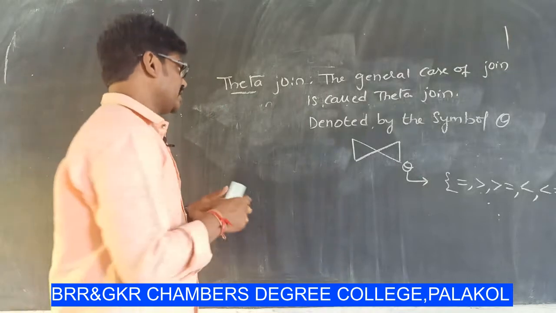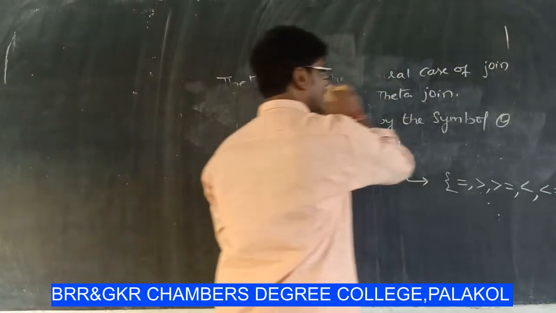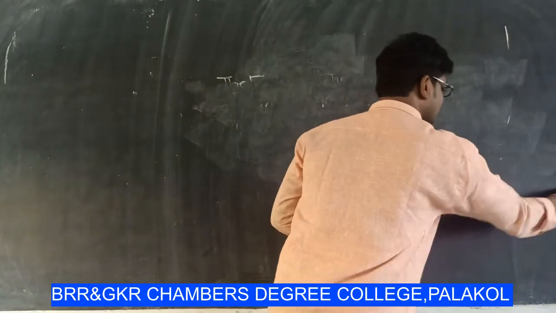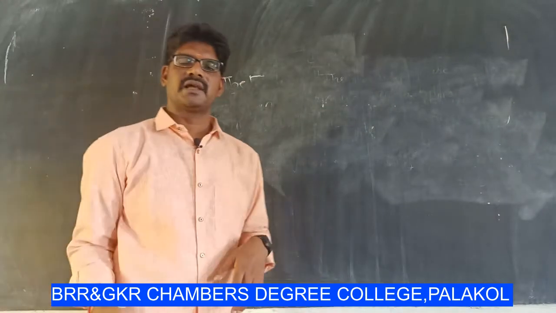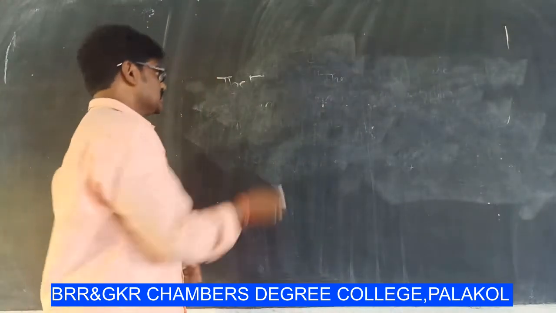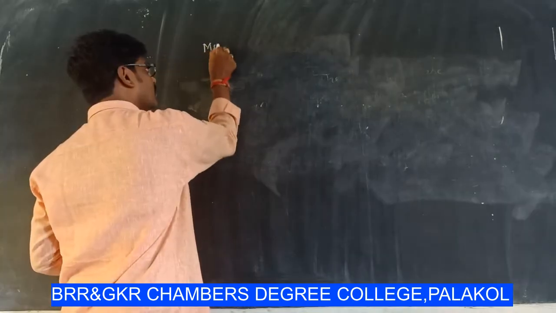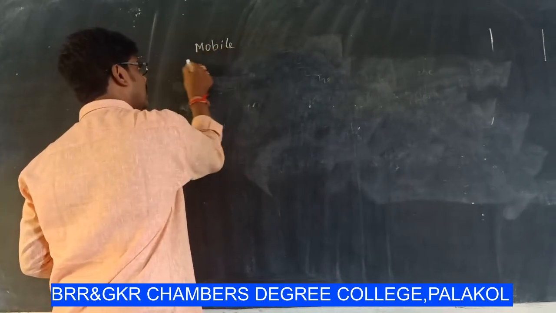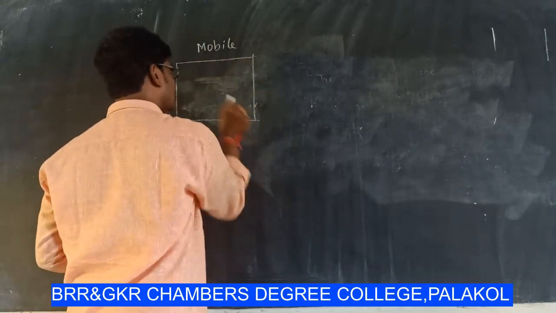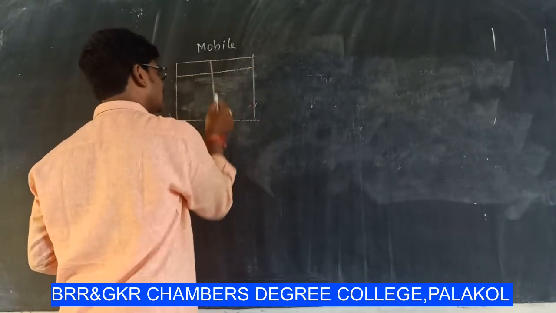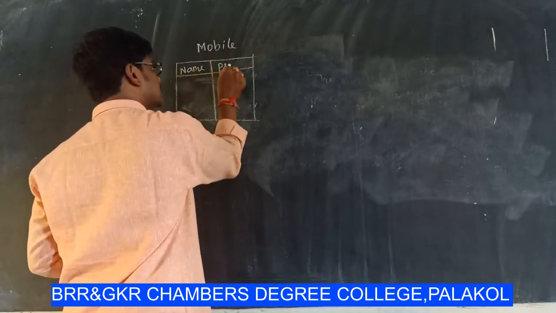For example, I have two relations here: one is mobile and the next one is laptop. For mobile, I have two columns: the name of the mobile and price.